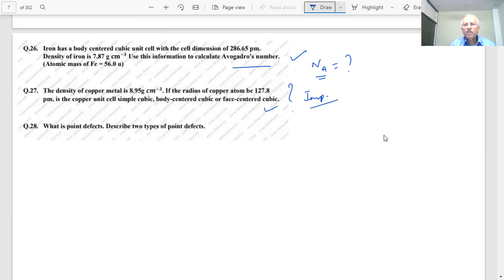This question was given in the previous paper. Here Z is coming as 4.